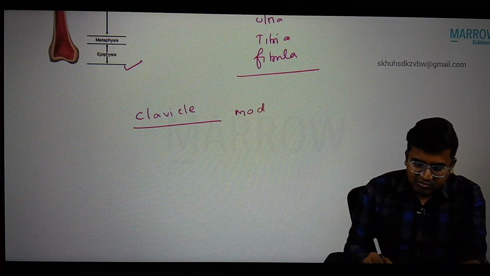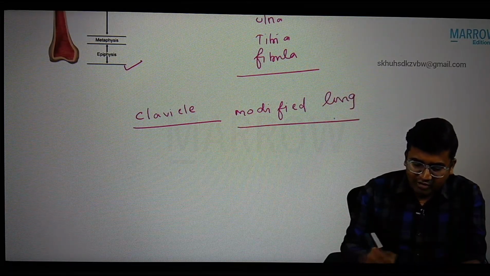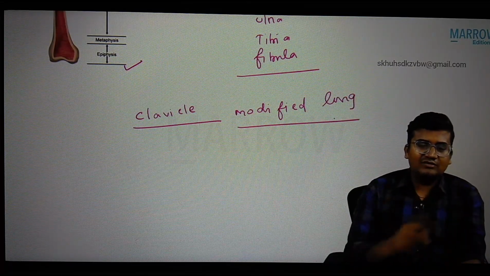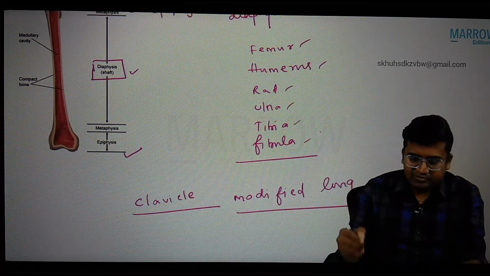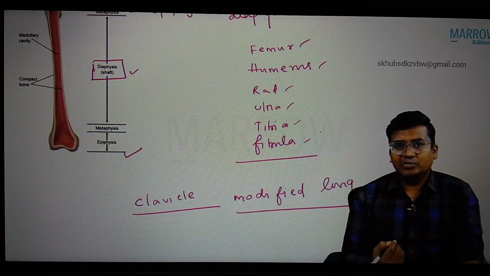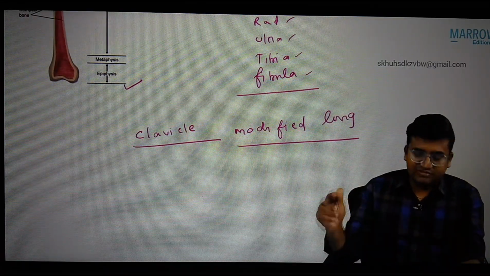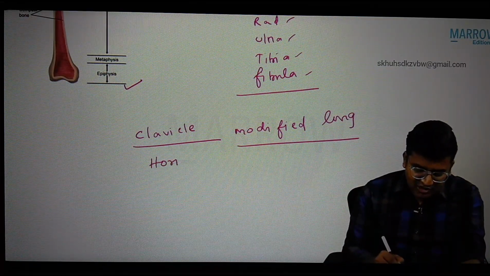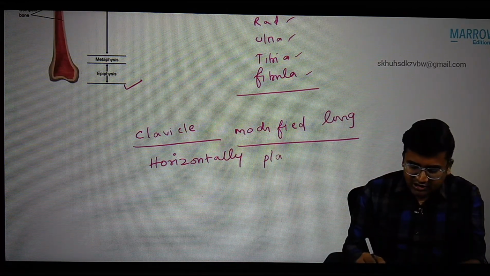Why is it a modified long bone? Almost all these bones are vertically placed in the upper limb and the lower limb, but the clavicle is not placed vertically, it is horizontally placed.